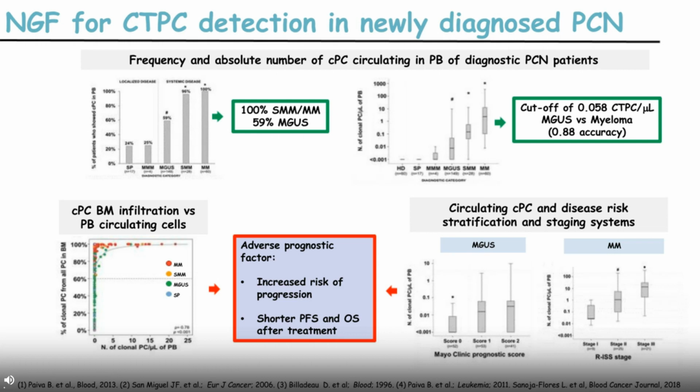Detection, and particularly the exact quantification of circulating tumor plasma cells, holds clinically relevant information as it helps to differentiate MGUS versus more advanced stages of the disease. It helps to detect MGUS patients with an increased risk of progression, and it also allows us to discriminate multiple myeloma patients with more aggressive disease behavior, with a good correlation with other risk assessment approaches.